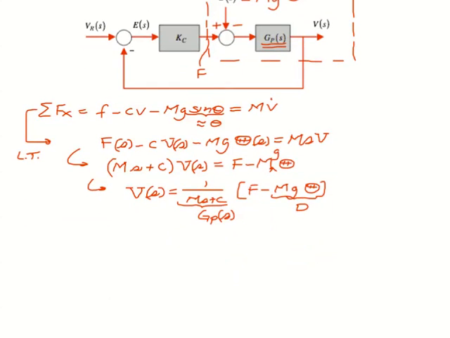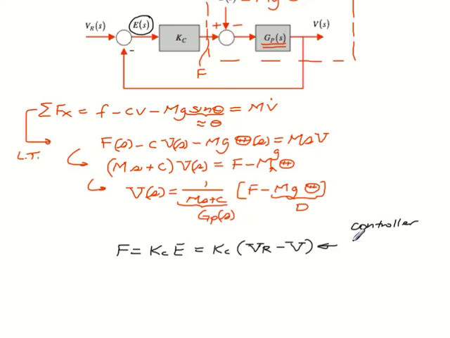Now, what we're going to do is say it makes sense to put a traction force on there which is proportional to the error that we have between where we want to be and where we actually are. So this is going to be a proportional controller, Kc, times the difference between our desired speed, Vr, and the actual speed V. So this is our controller.